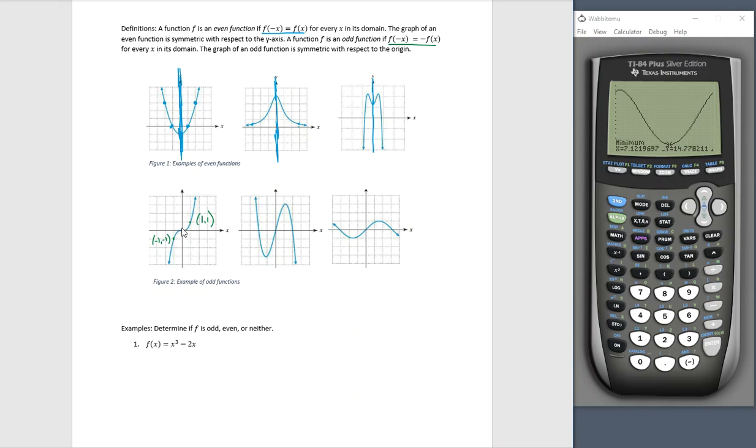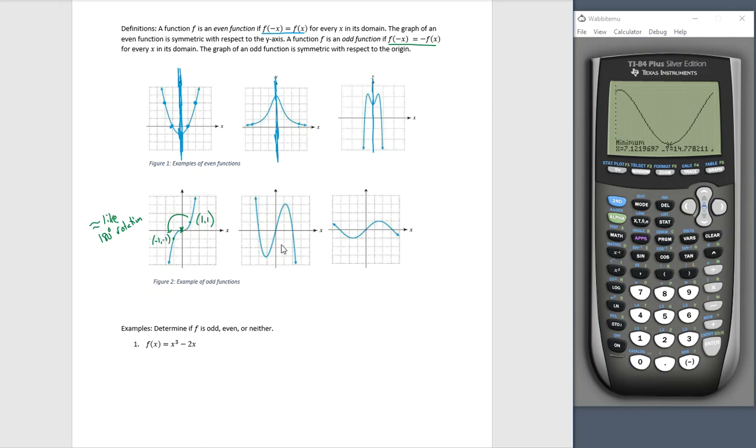It's almost like we're cutting the graph right here and then rotating it around, and we have a mirror copy there. So it's almost like a 180-degree rotation. It's not. It's symmetric with respect to the origin, but it's very similar to this idea.